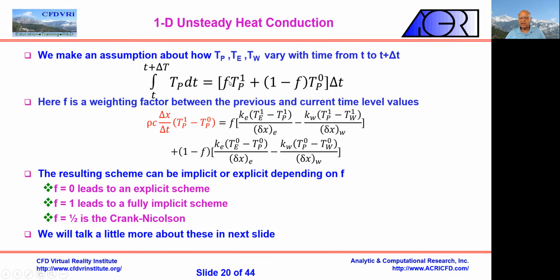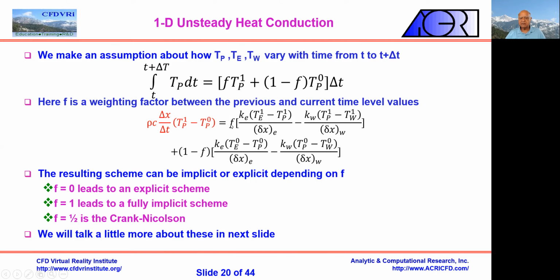This is at one point, at two different times, and we say take f times the new value and 1 minus f times the old value, just like under-relaxation, right? So we're guessing. If we put this weighting function in there, we get f times the flux at the new time, 1 minus f times the flux at the old time, right?